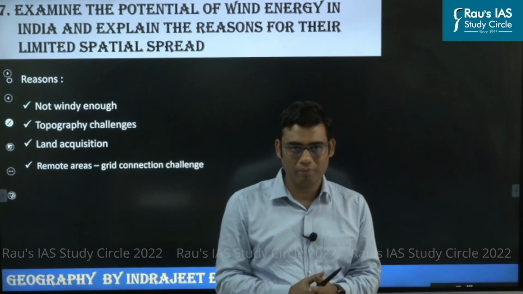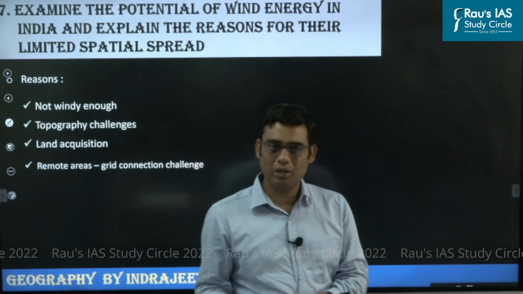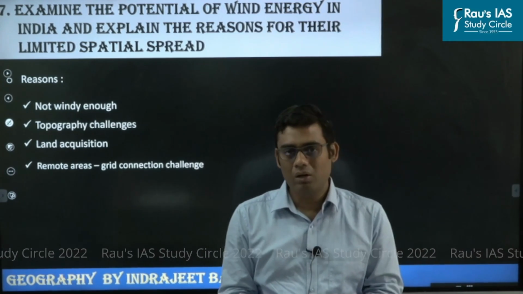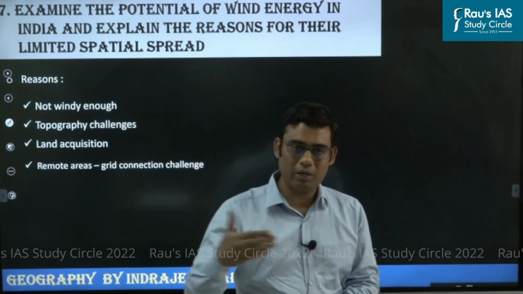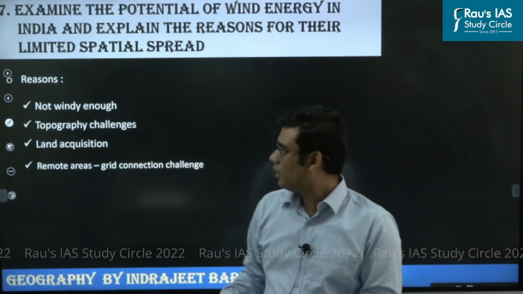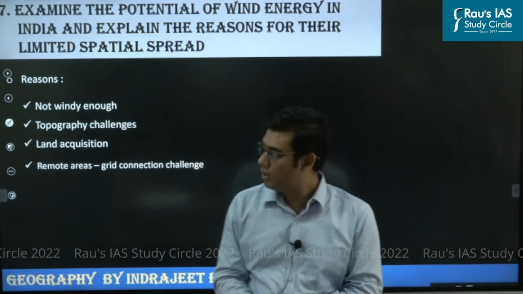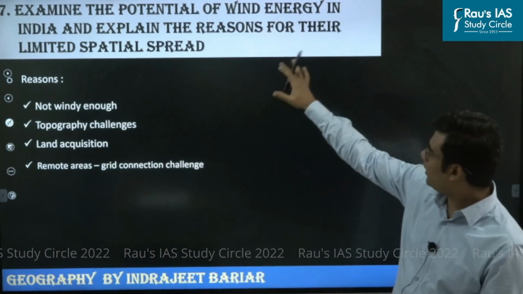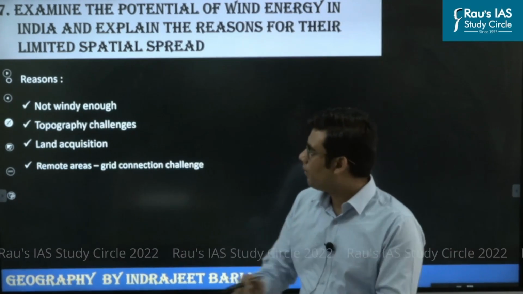So the majority of the potential is in remote areas, but the problem is that if you generate electricity there, you should have a proper grid connection for the supply of that generated electricity. And so grid connection is a direct challenge with respect to the remote area potentials. So these are the reasons for the second part of the question, the reasons for their limited spatial spread.